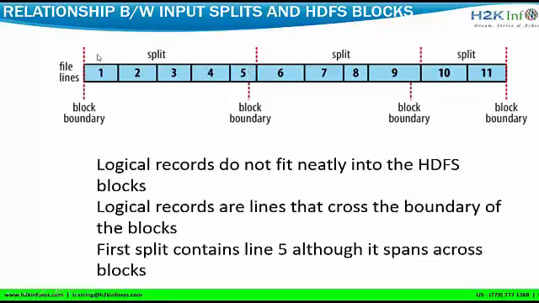What this input split will do is read till the end of the 5th record, that is to this position, and give the same value to the first mapper.